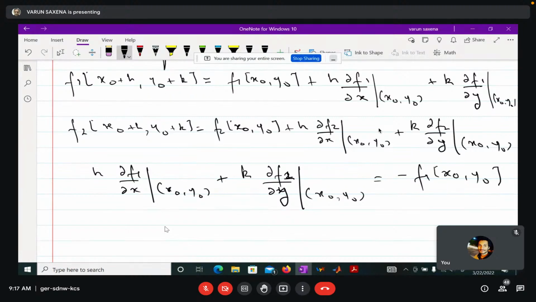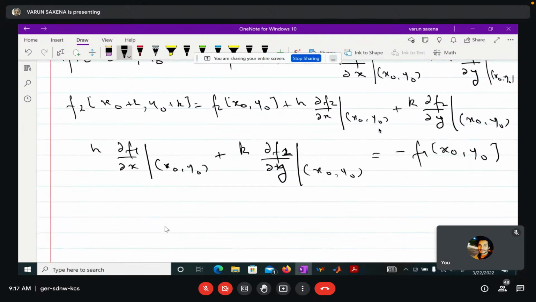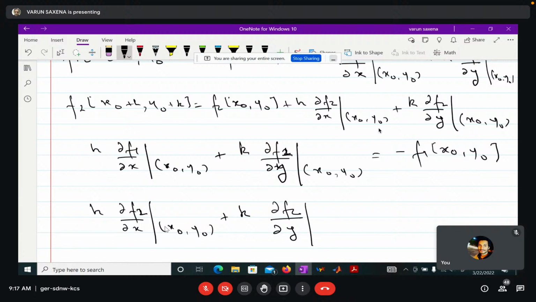So I would get this equation, and then the second equation would be h del f2 over del x at x naught y naught plus k del f2 del y at x naught y naught, and this would be equal to minus f2(x0, y0).